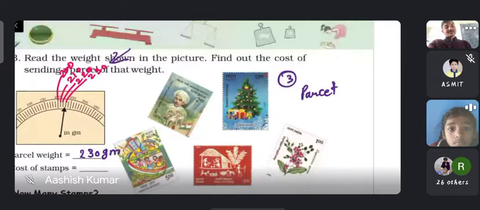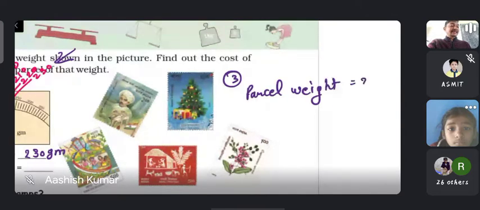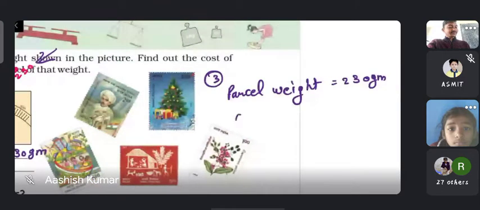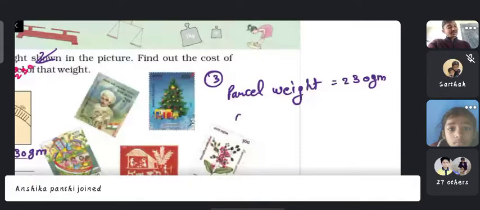Weight is 230 gram. And the cost of the parcel.